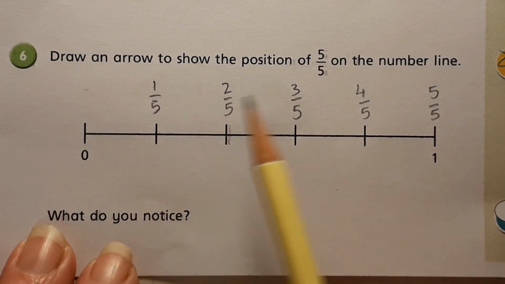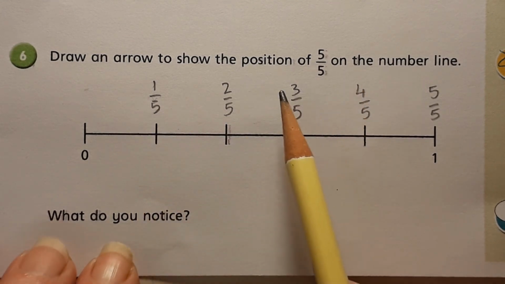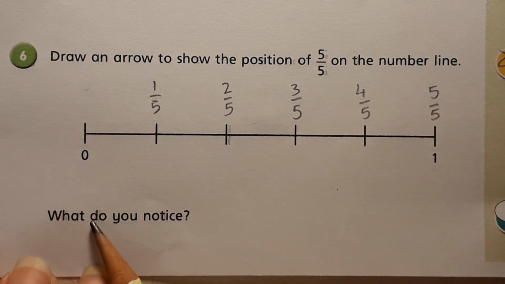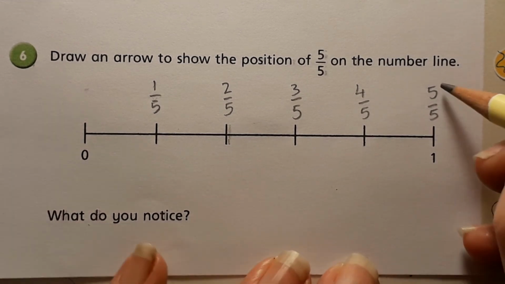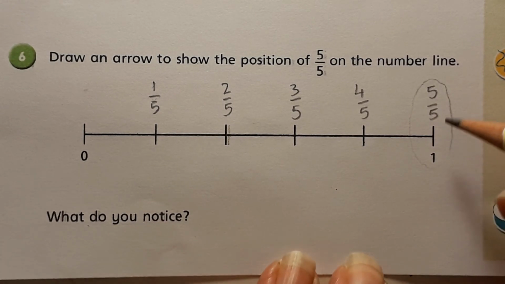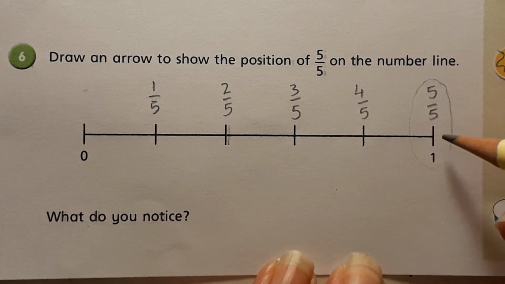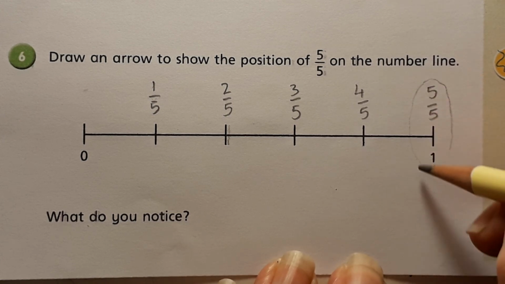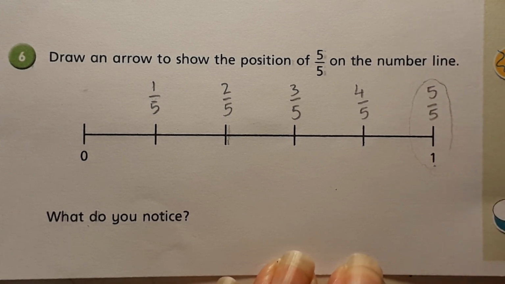Okay, so you should be able to draw your line, and then you should be able to hopefully explain that you notice if the numerator and the denominator are the same, that means you've got the whole there.